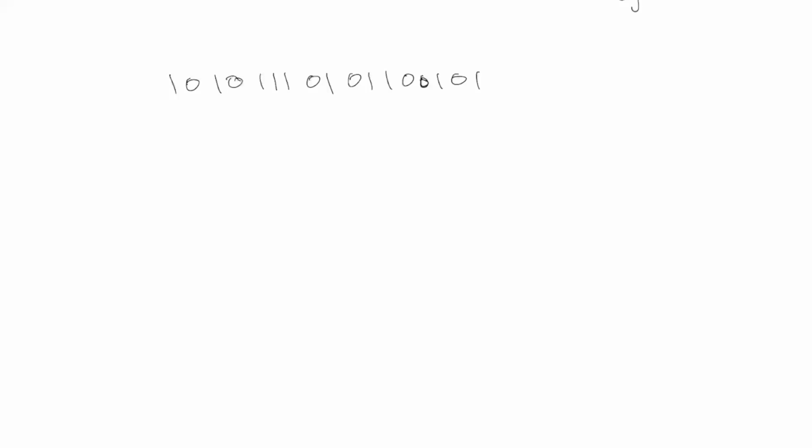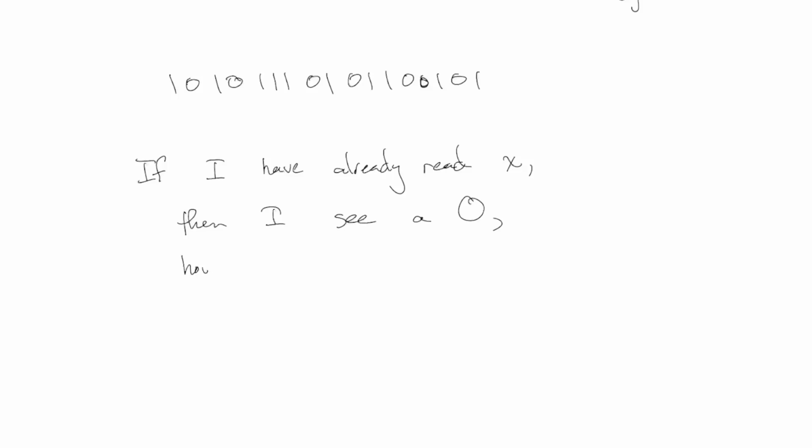So to make such a DFA, what I want to think about is if you already have a binary number and then you read one more character on it. So if I have already read the number x, say, and then I see a 0, how does this change the value?